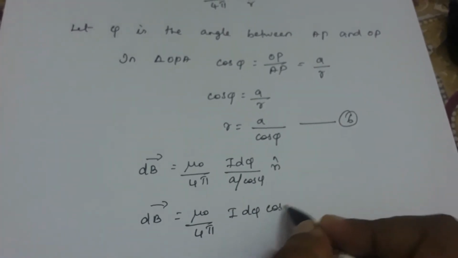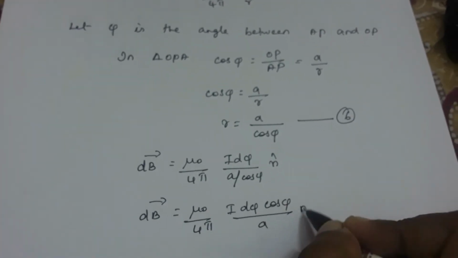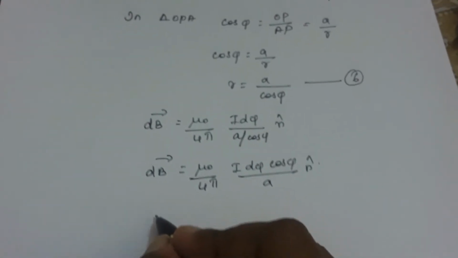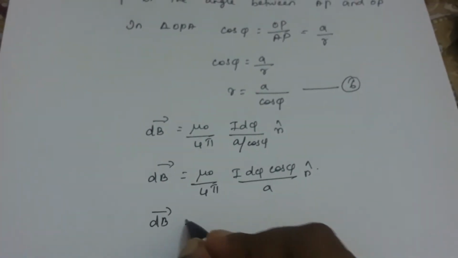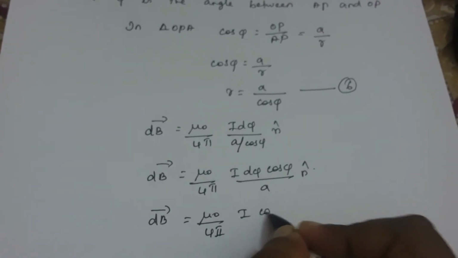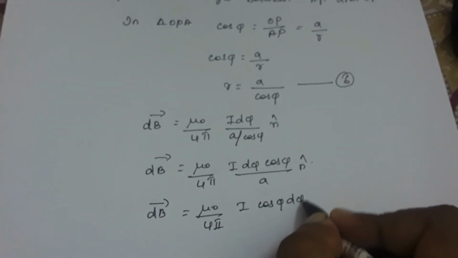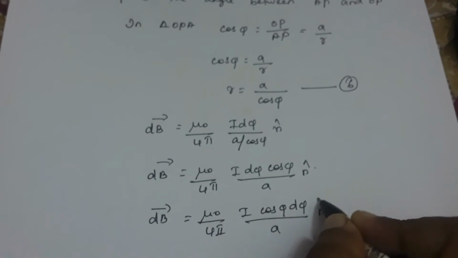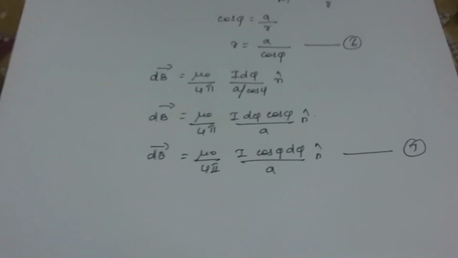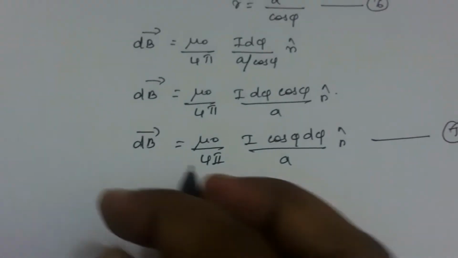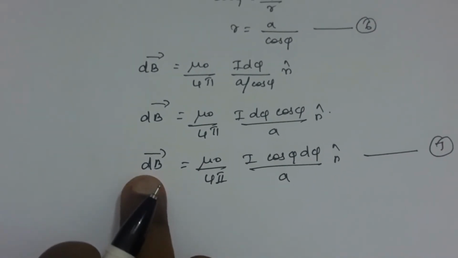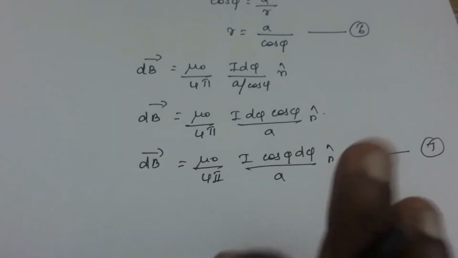So dB vector is equal to mu 0 by 4 pi I cos phi d phi by A into n unit vector. This I am going to take as equation number 7. Now we have found out the magnetic field for the small element dl.